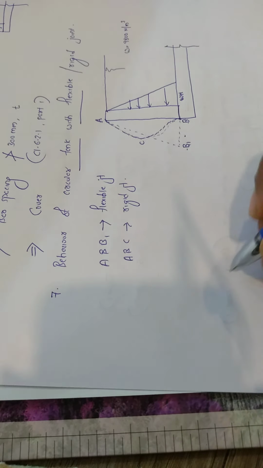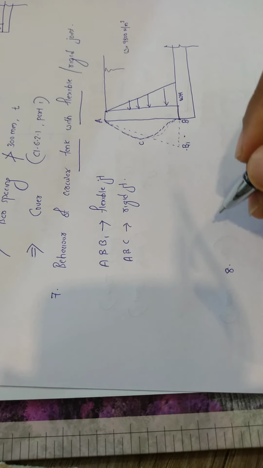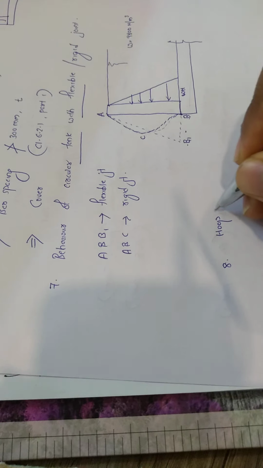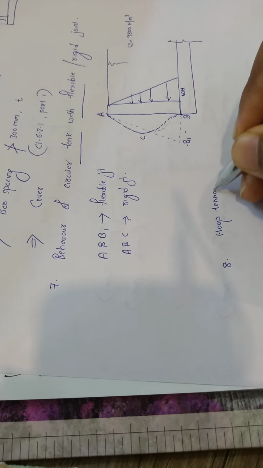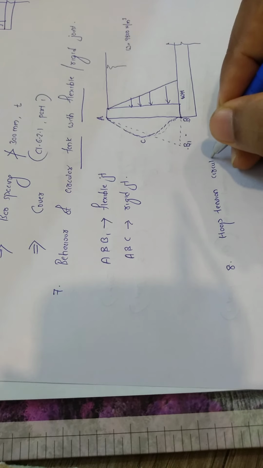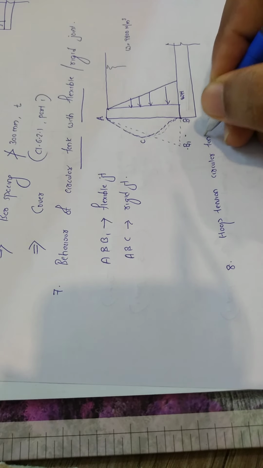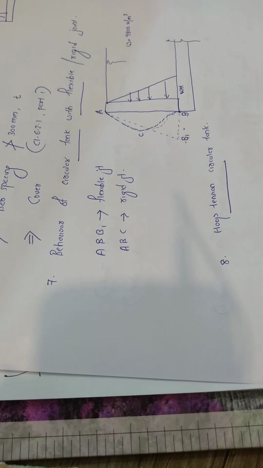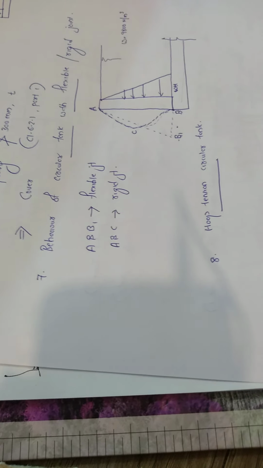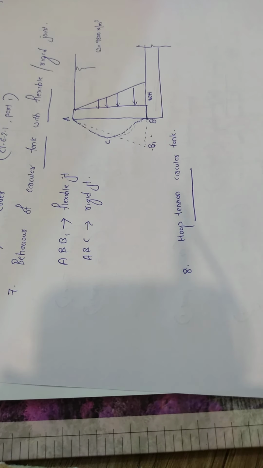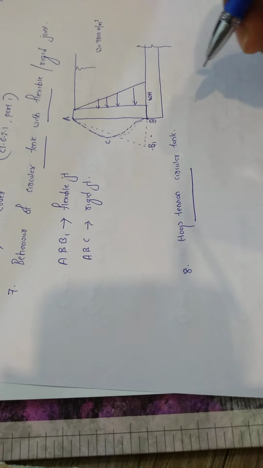Then the next step is about the hoop tension in circular tank. The hoop tension in case of circular tank is a common term that we are going to see while designing these tanks, and we need to know what it is.